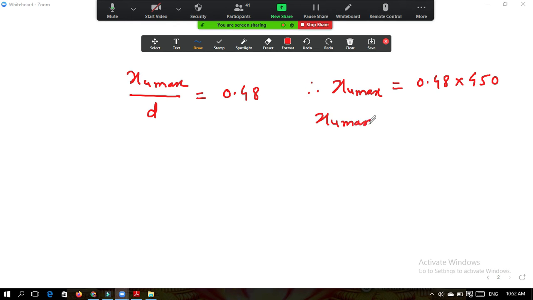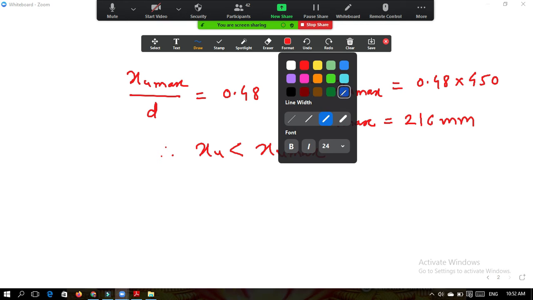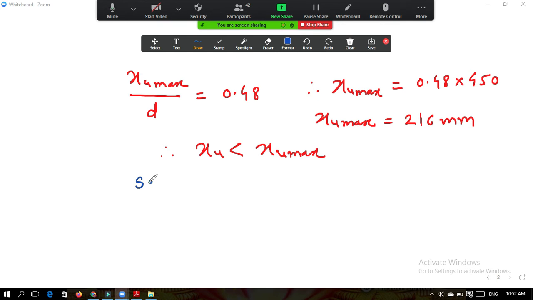So XU max is equal to, what is the value? 216 mm. So therefore, XU is less than XU max. Okay. So section is under reinforced.